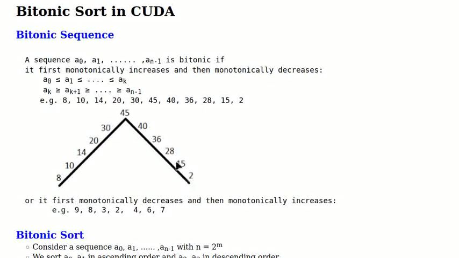So this is a Bitonic sequence. Basically, a Bitonic sequence consists of two segments. One segment has the elements sorted in ascending order. The other segment has elements sorted in descending order.